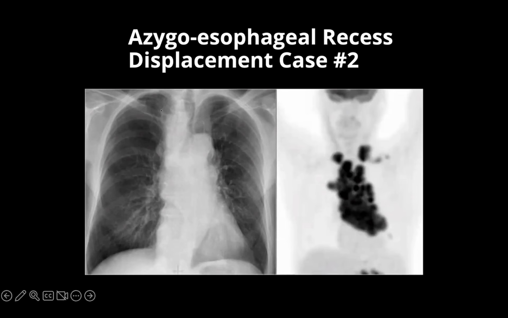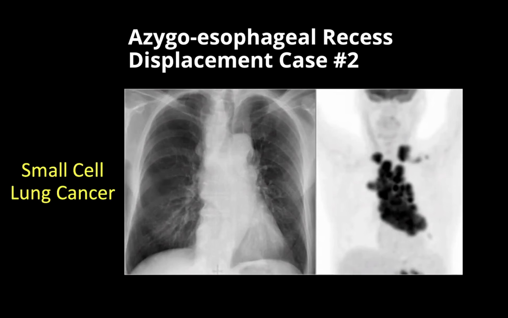And as I told you, the right paratracheal area is a really lovely location for lymph nodes. So we can see here very avid, hypermetabolic, extensive mediastinal lymph nodes, all the way extending to the supraclavicular region. And that patient had small cell lung cancer.